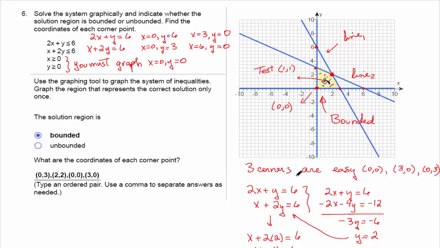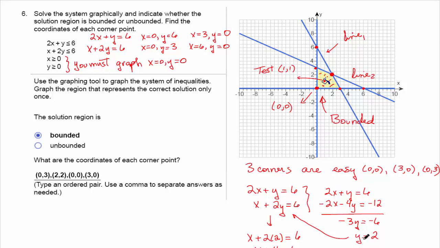The surest way is to solve our system of two equations and figure out where that point is. So to do that, I multiply the second equation by minus 2 because I want to eliminate the x. So add these up, they're gone. So I have minus 3y is 6 minus 12, minus 6.